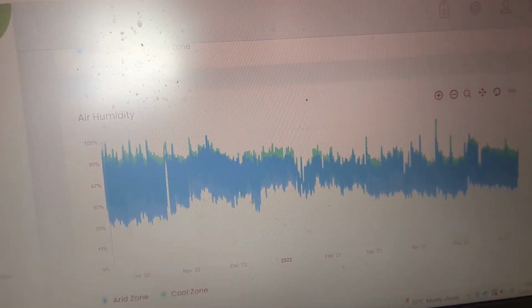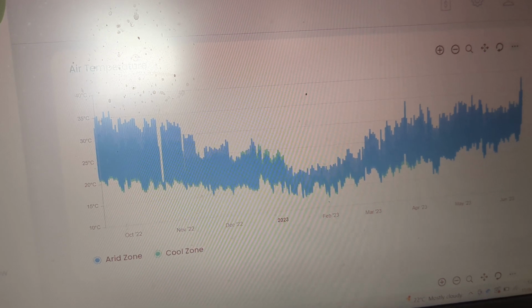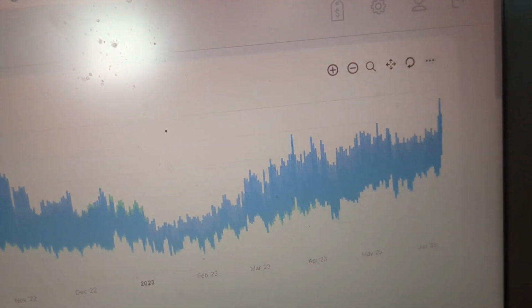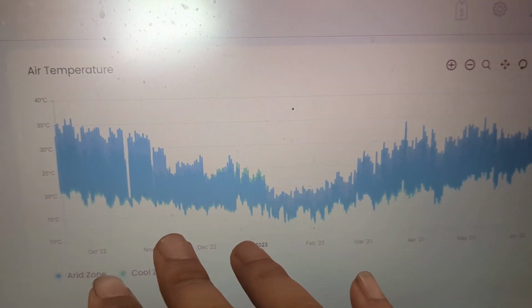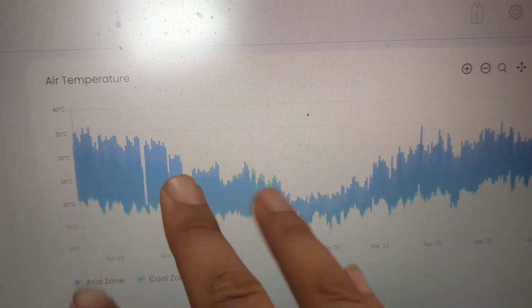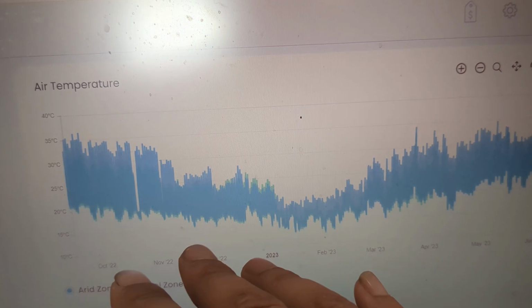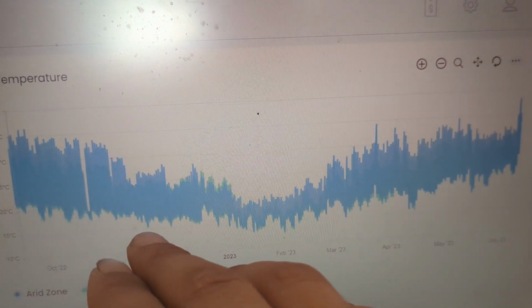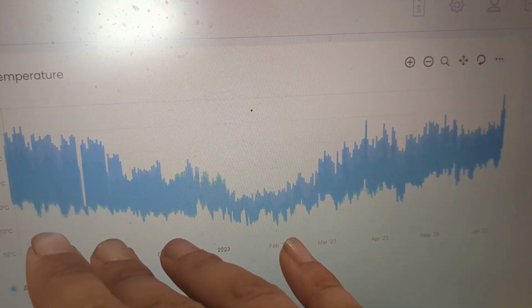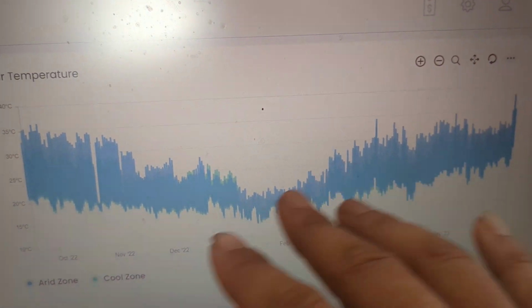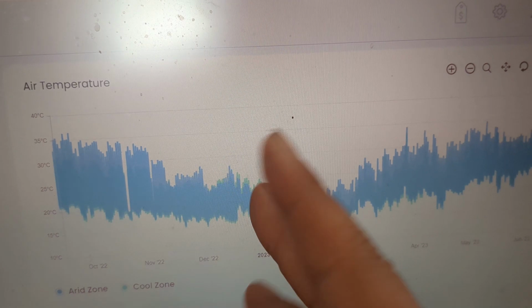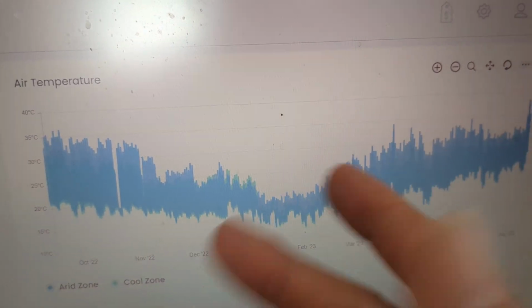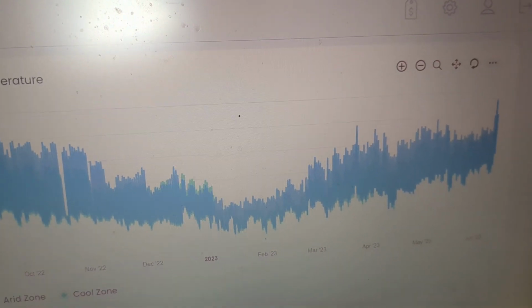I just enjoy doing this sort of stuff, really. But yeah, so although this is a replica of, say, a wild habitat, the fluctuations and variations kind of reflect what happens in the wild anyway.